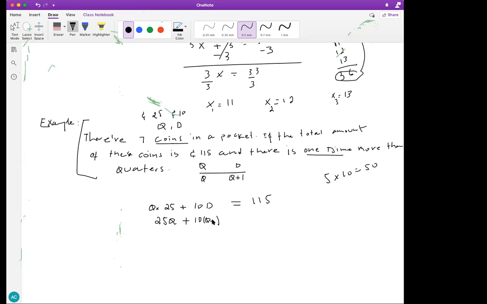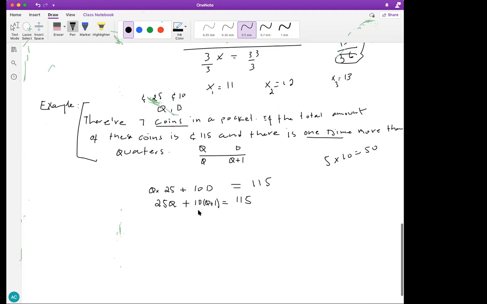That way we have only one unknown to solve for. Instead of using Q and D in an equation, we can eliminate D by replacing it with its value. So the dimes are the number of quarters plus 1, and this equals 115. That is the equation. Once you write the right equation, the rest of it is just solving. It shouldn't be that bad.